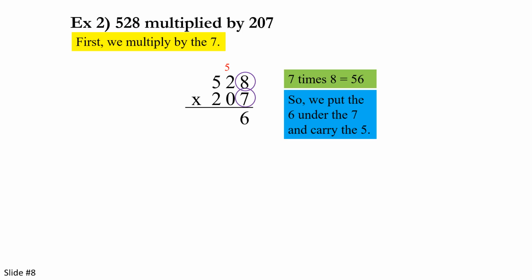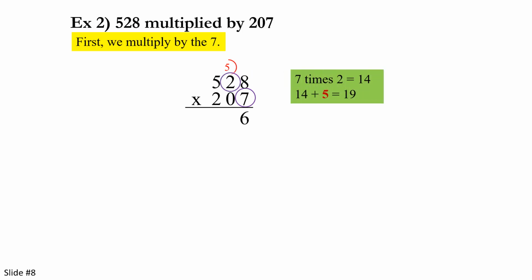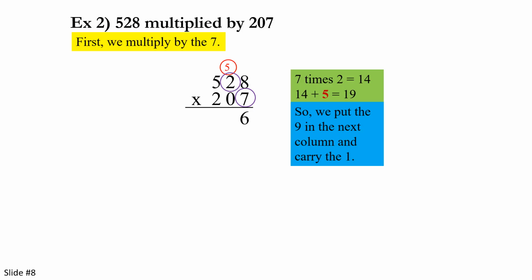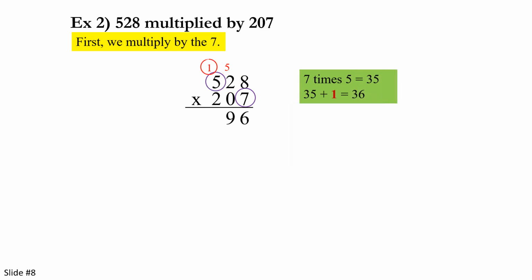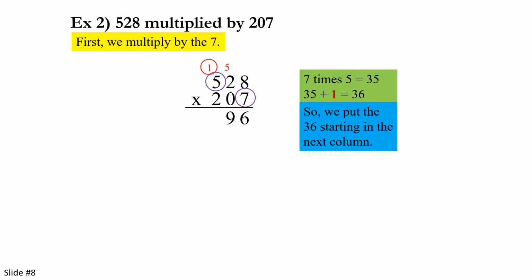We put down the 6 and carry the 5. 7 times 2 is 14, plus 5 is 19. So we put down the 9 and carry the 1. 7 times 5 is 35, plus 1 gives us 36. So we write down the 36. So we've done the 7 times all 3.